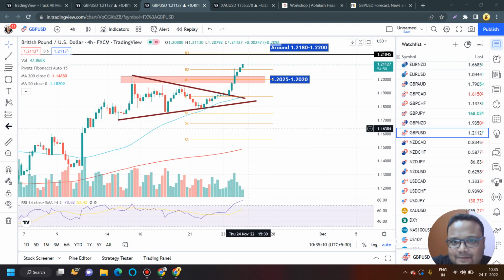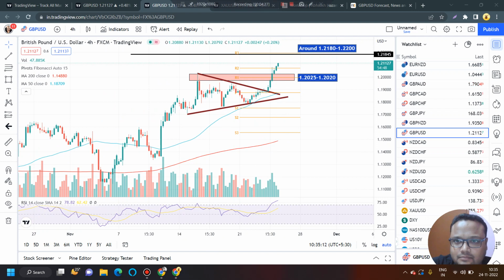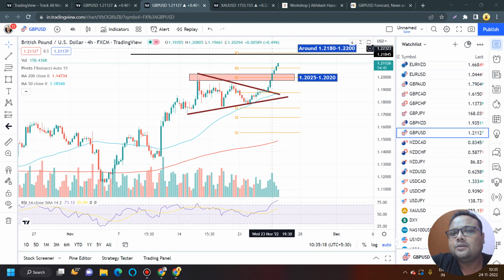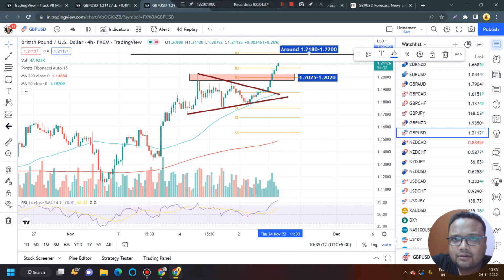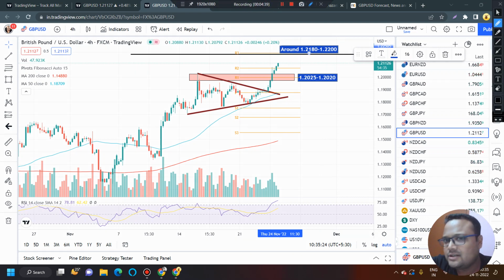And on the other hand, as we have resistance on the daily chart, the 200 moving average, remember, it will be around 1.2180, 1.2200. Around this level we have the 200 moving average on the daily chart. So if market hits this level, there can be some temporary selling, at least for 30-40 pips.